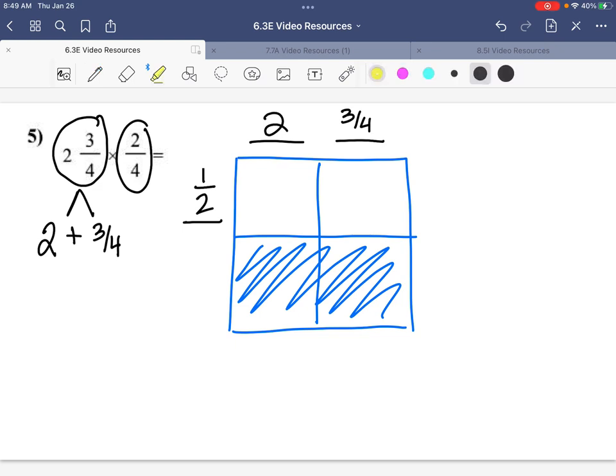Well, in this first box right here, I find that product by multiplying 2 times 1/2. And I know that 2 groups of 1/2 is just 1 whole.